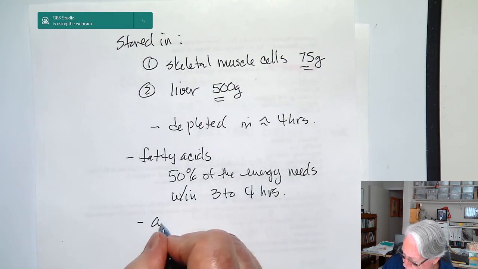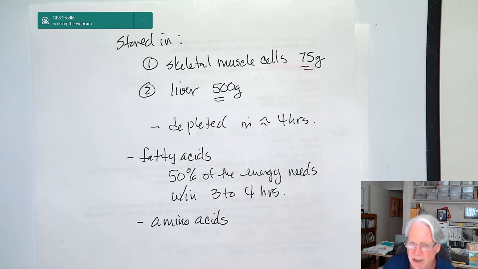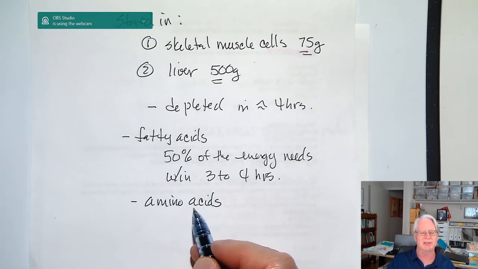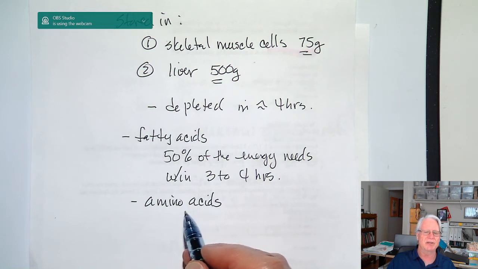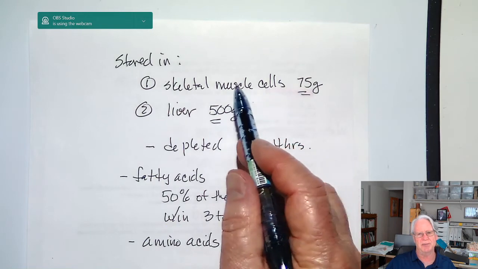The next would be amino acids. And you don't ever really, in a healthy situation, want to get to the point where you're consuming amino acids, because that means you're breaking down your body proteins in order to feed the system. So your optimal situation is using up this.